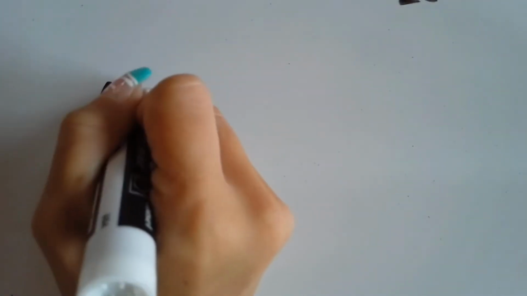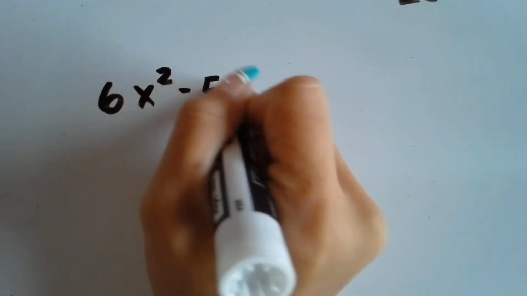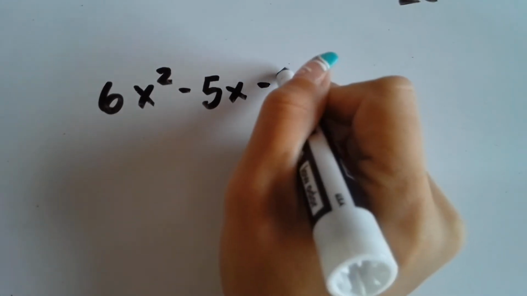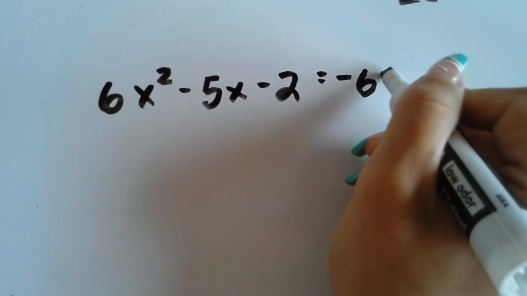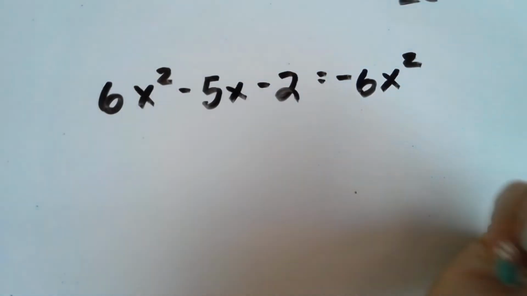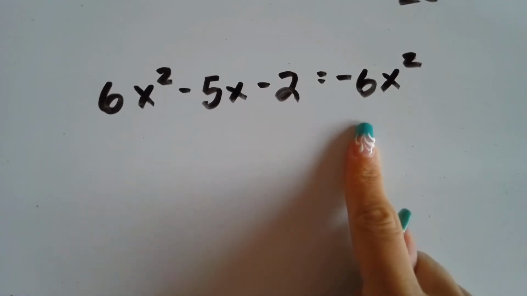So we have 6x squared minus 5x minus 2 equals negative 6x squared. Okay, wow, we have our trinomial, but it's still not equal to 0, so what do we do?